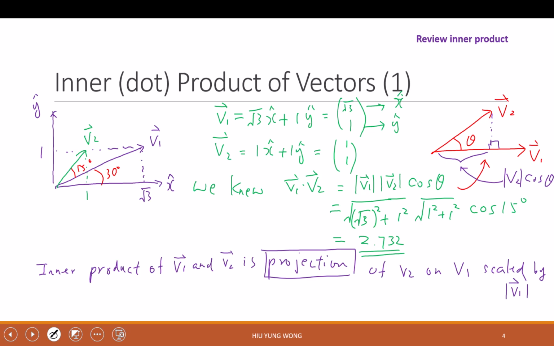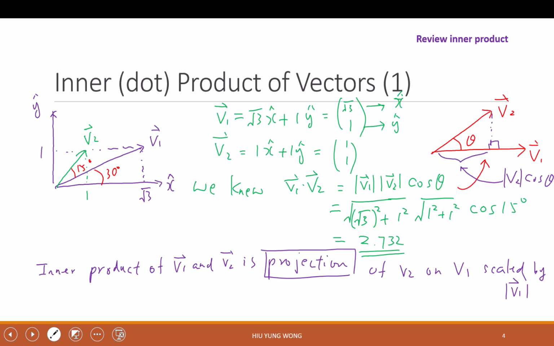Okay, but later you will find that we only deal with vector with unit length. So V1 and V2 modulus, which is these two, are both 1. Later you will see that we need that. Then in quantum computing, basically inner product is just the projection of one vector on another vector. Make sense?